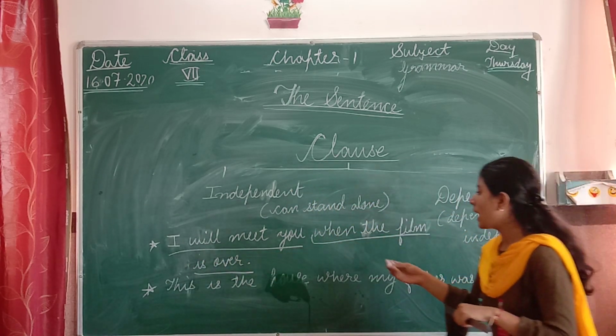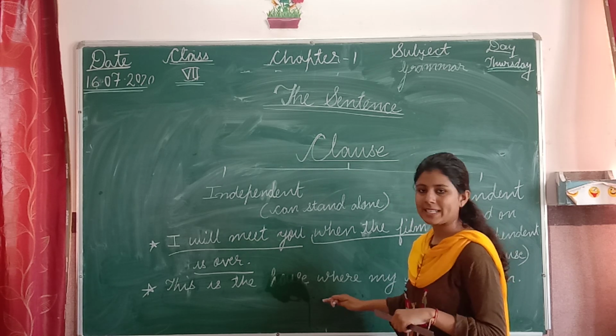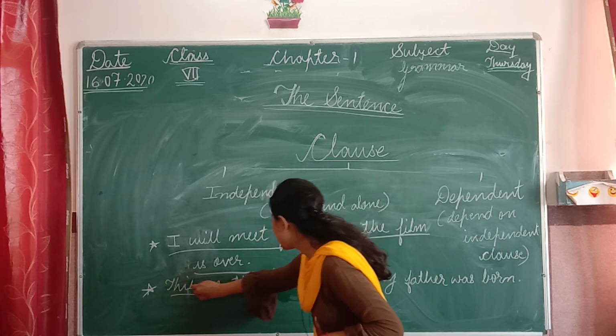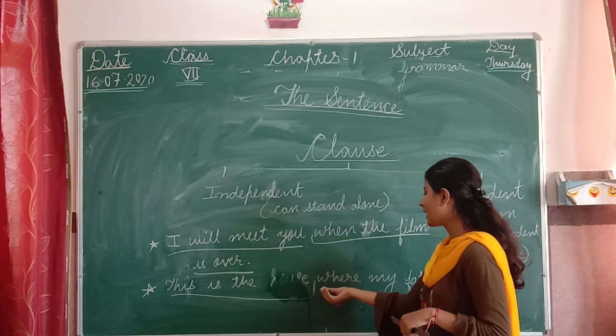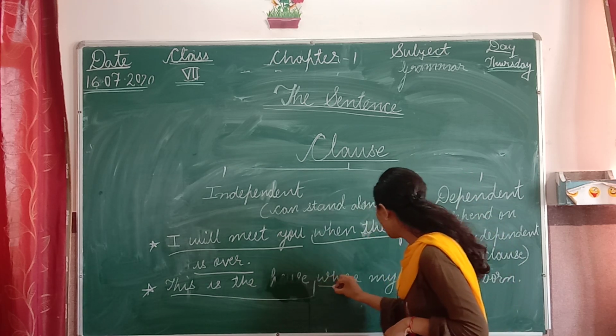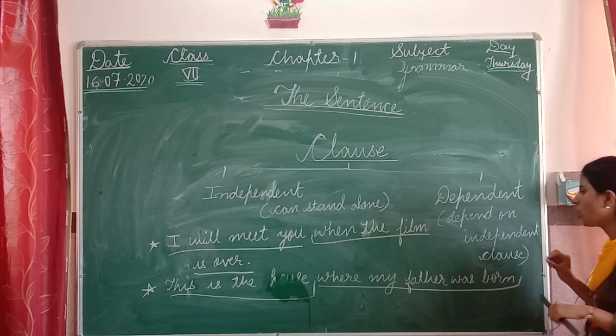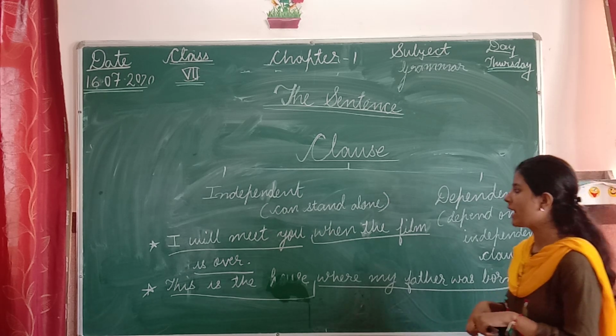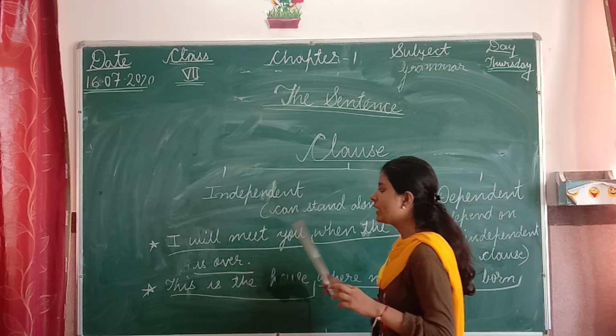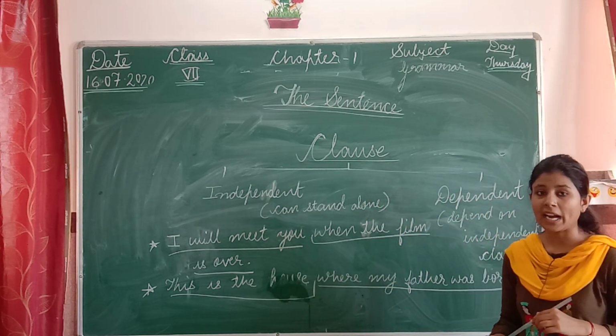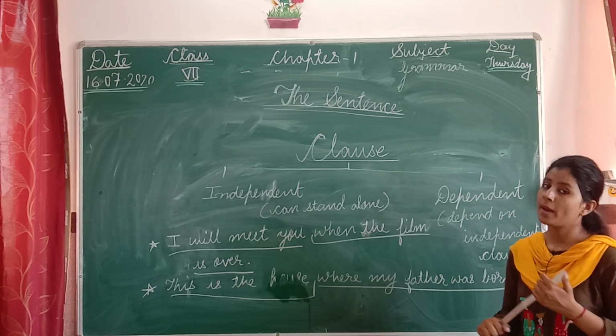Now we will do the same thing with the second sentence. "This is the house," and the second clause will be "where my father was born." Now you have to recognize which of these clauses can stand alone and convey the complete meaning.